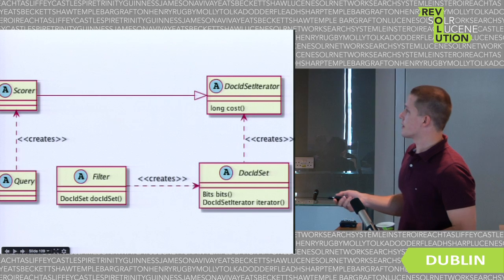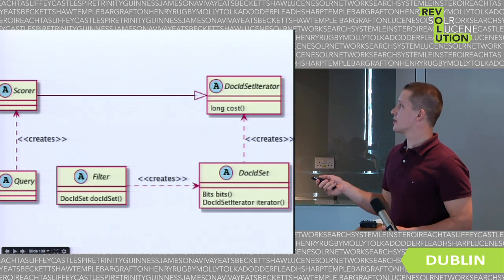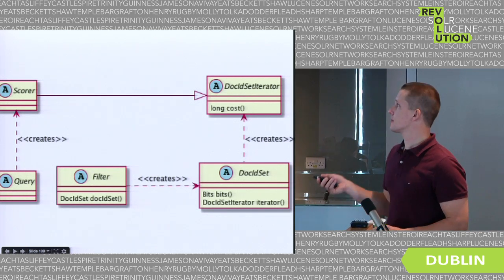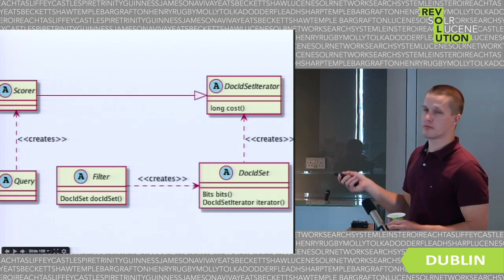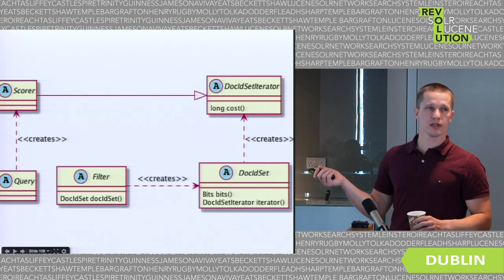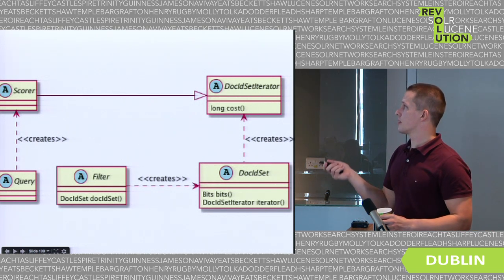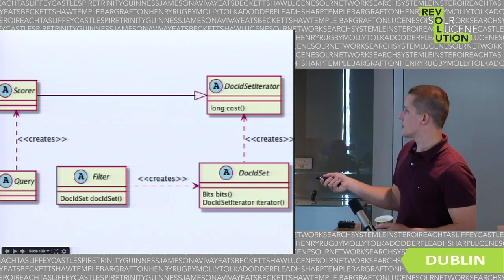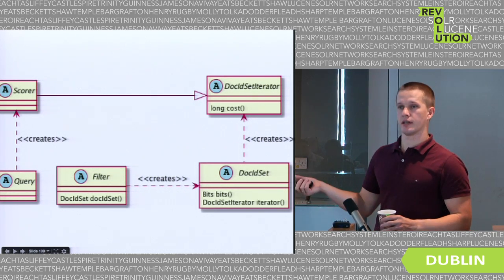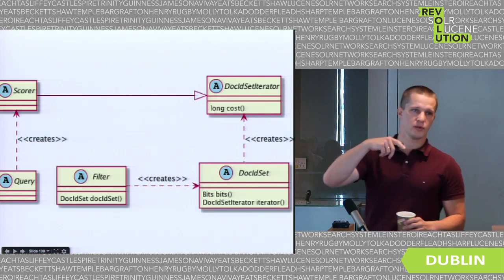It looks something like this. Here's the iterator produced by the highly selective filter, and here's the scorer produced by that huge query with min-should-match. And when the iterator advances that scorer to a particular document, let's say 100, it starts to loop in the code we saw before.